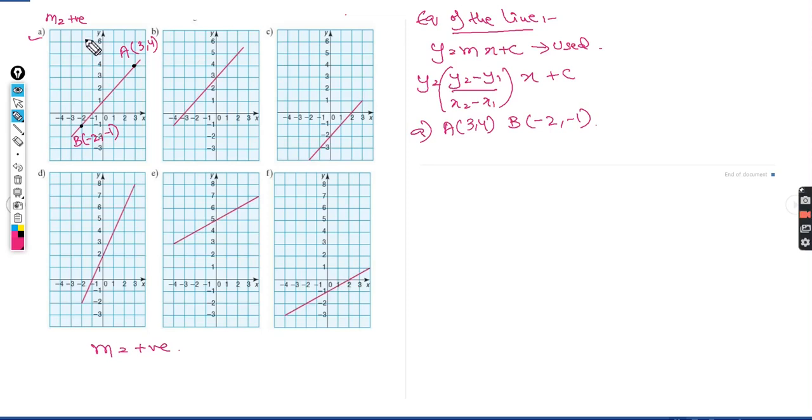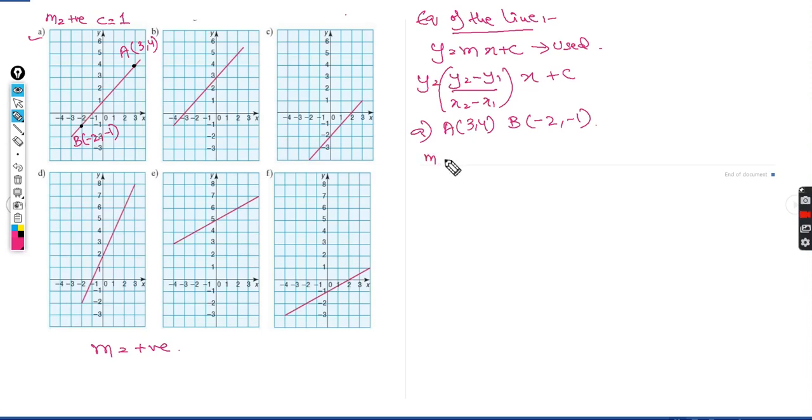If it is not in sync, then we're not on the right track. So the basic principle is that C over here is +1. We already know that, but we will obviously solve this as well, and our C should come as +1. So let's start with this, right?